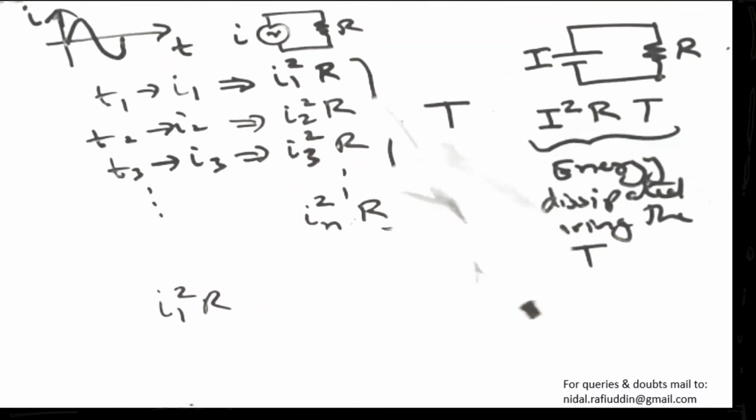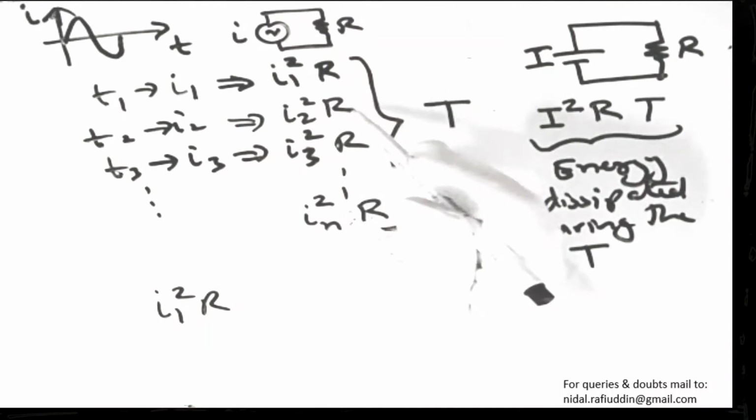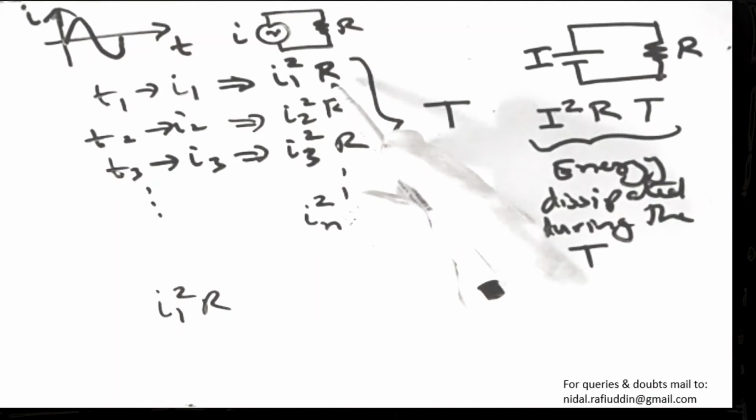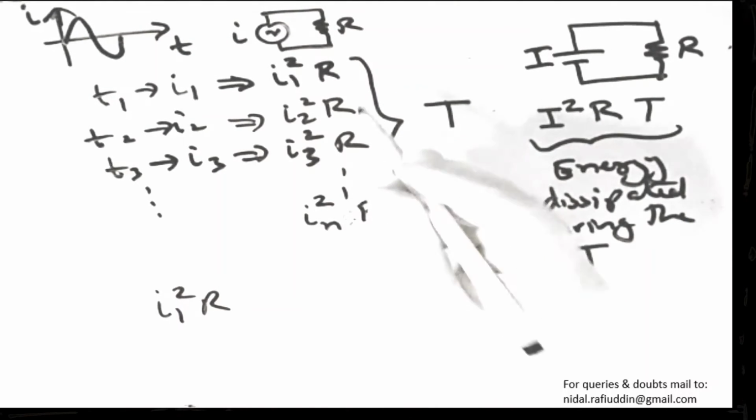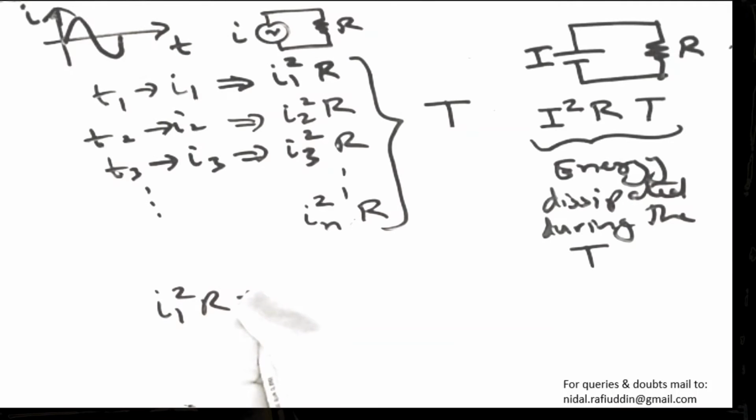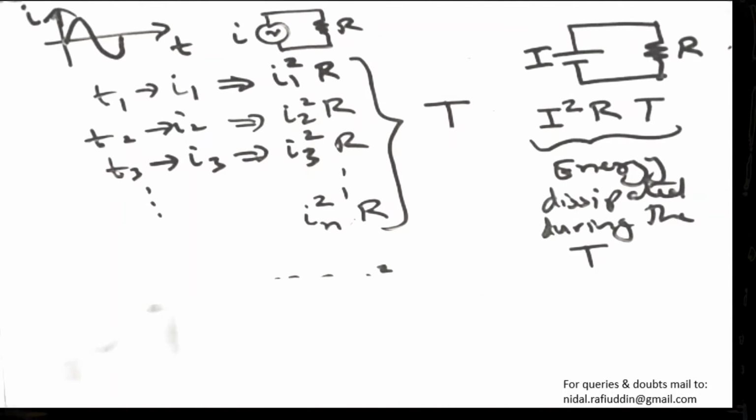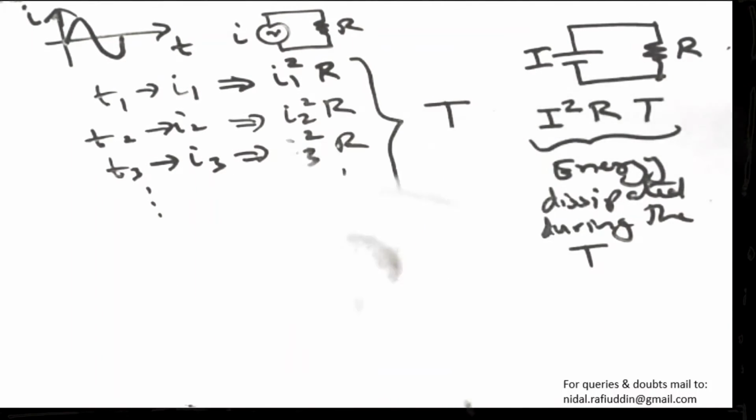So let us compute the energy dissipated in case of the alternating or AC values. If these are the powers dissipated at different instants, then instead of talking in terms of power, let's consider the energy dissipated at every instant.